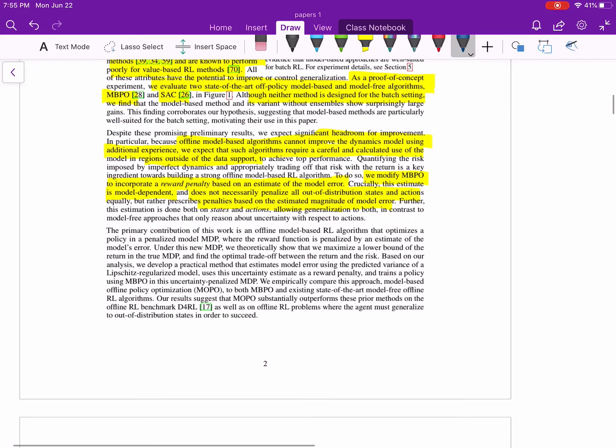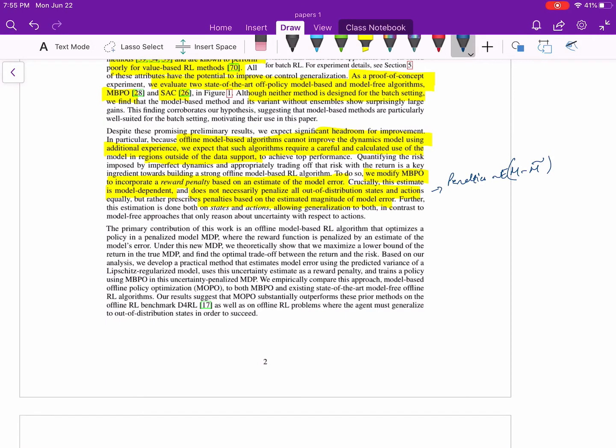So the penalties are made dependent on the errors between m and m tilde, some error function of m and m tilde, in the hope that this will let the algorithm explore states and actions which are not in the data set.